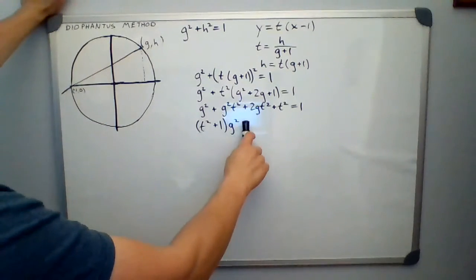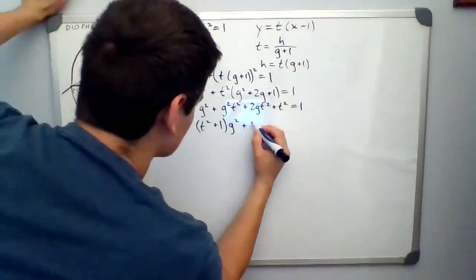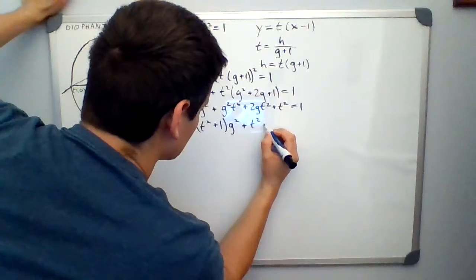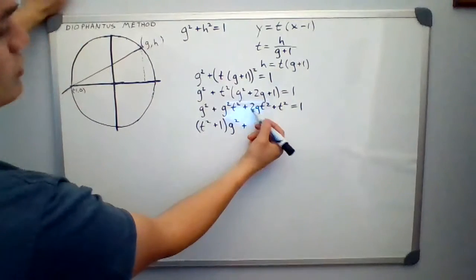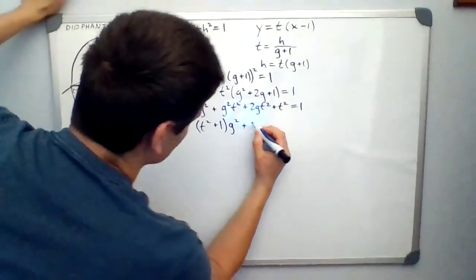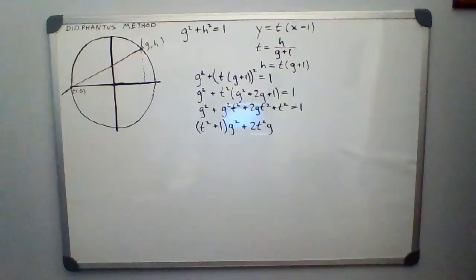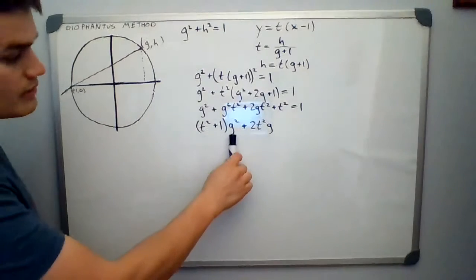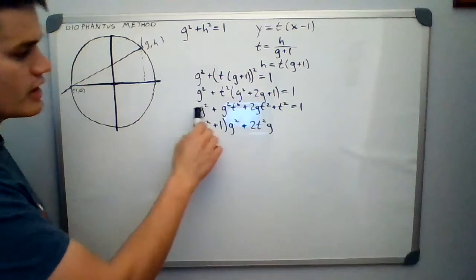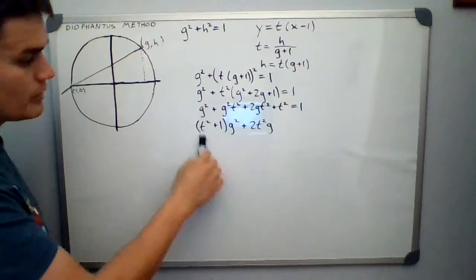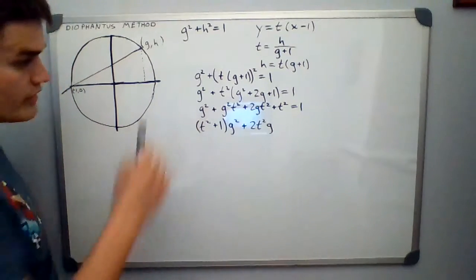And then I have plus 2t squared g, actually. See this term here? I have 2 times g times t squared, so I'll write 2t squared g. Here I've isolated my g squared variable by factoring out a t squared and a 1. So in other words, if I multiplied that in, I would have g squared t squared, that term, and g squared multiplied by 1, that term.